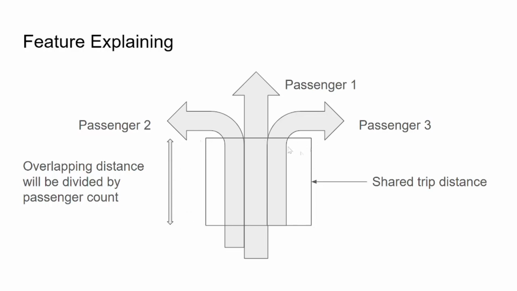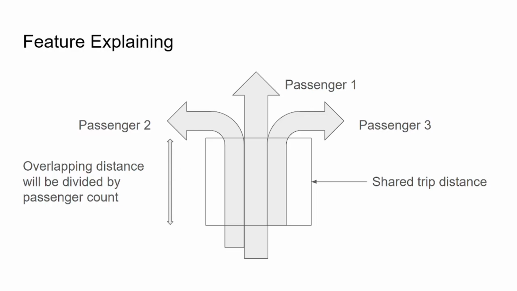And this overlapping distance will be divided by passenger count, obviously, right? And also we have three drop-offs for these three passengers as well. So passenger 1 goes somewhere, passenger 2 goes somewhere, passenger 3 goes somewhere, right?